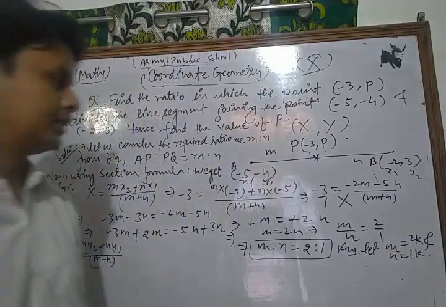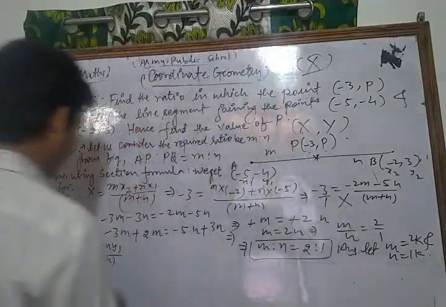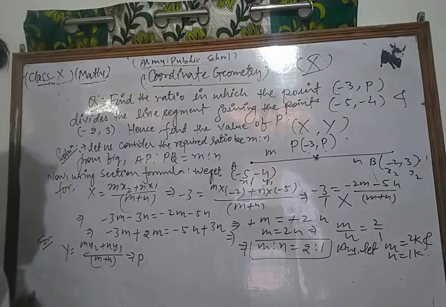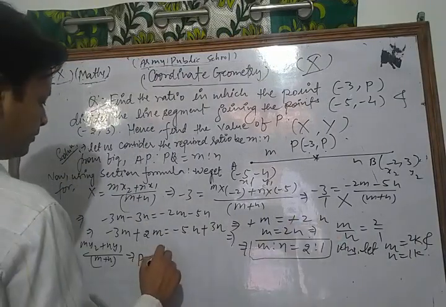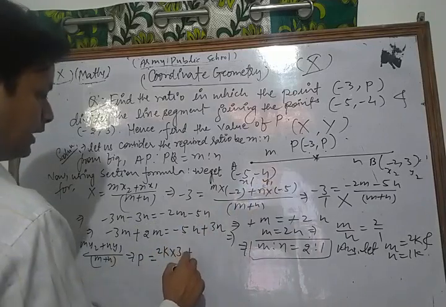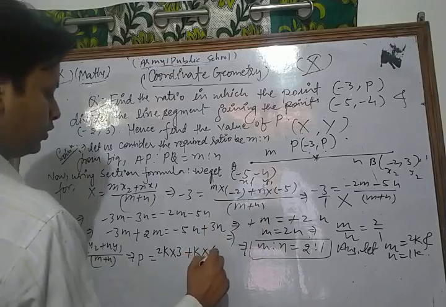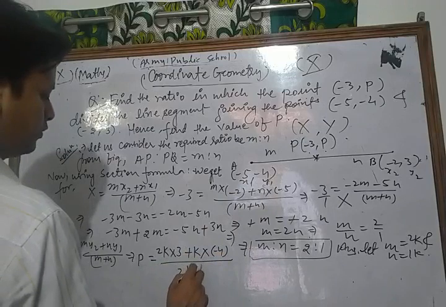Now we put the value of y as p, equal to 2k times y2, where y2 is 3, plus 1k times y1, which is minus 5... upon 2k plus 1k.